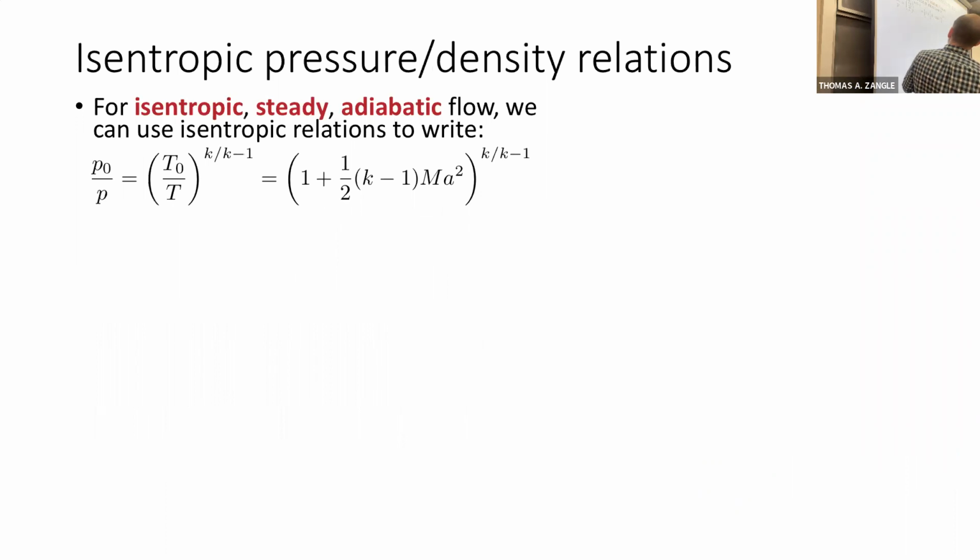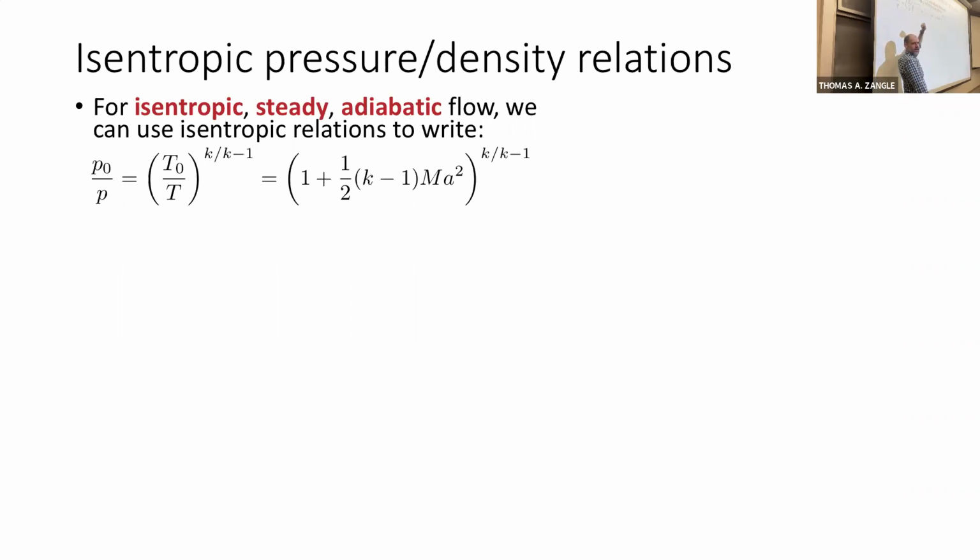So now for isentropic steady adiabatic flow, we can use the isentropic relations to solve for our pressures and densities as a function of stagnation pressures and densities. So we have P naught over P is T naught over T to the K over K minus 1 power.